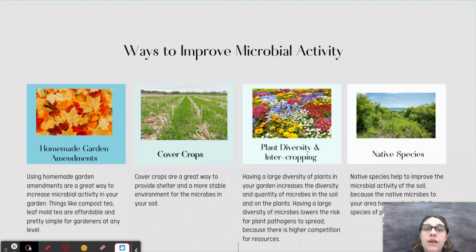The more diverse microbes you have in your soil, the healthier, more disease-resistant, and stress-resistant your crops are going to be. So, the first one, homemade garden amendments. There are some fantastic ways to improve the local microorganisms in your soil that does not cost a lot of money.